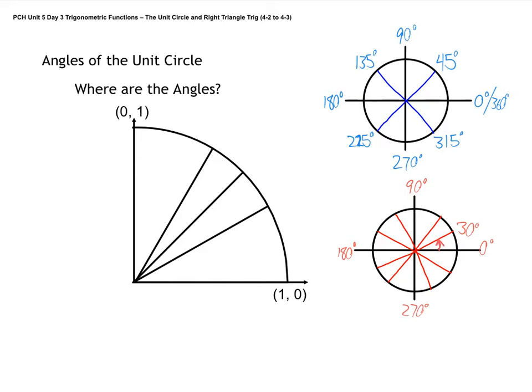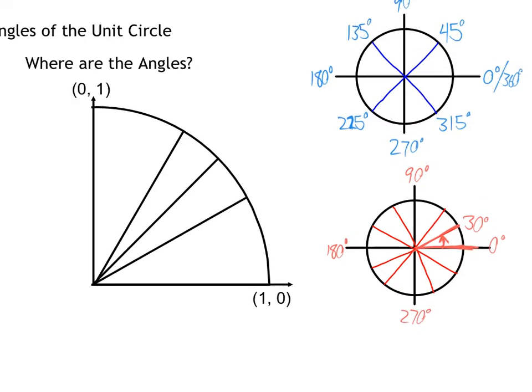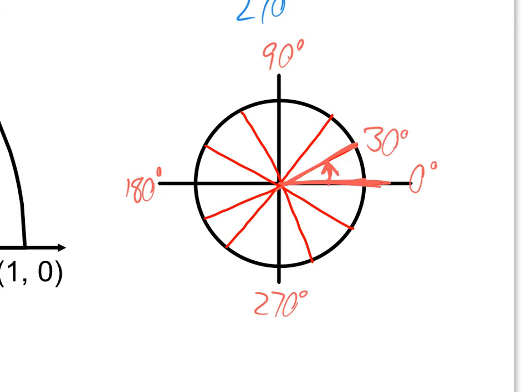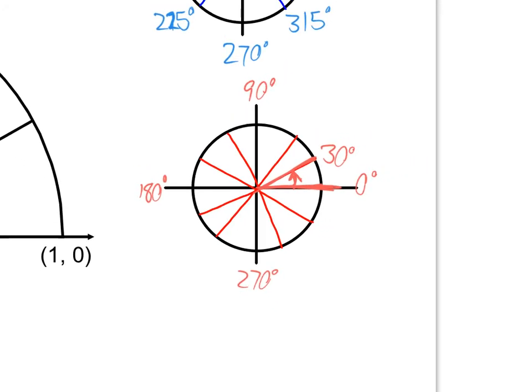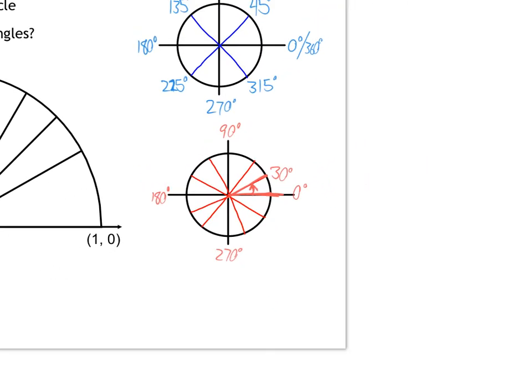This angle right here, all of these angles have one side on the x-axis, and they rotate up to 30 degrees. They always start here. They always start at 0. And they're going to rotate so many degrees counterclockwise. Okay?